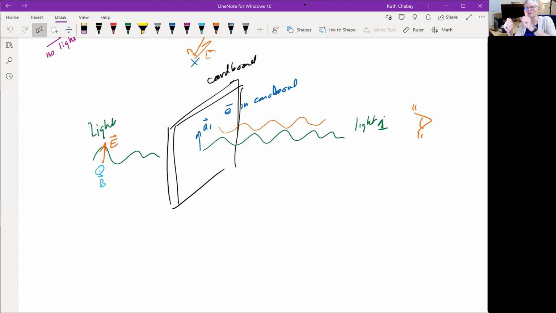The re-radiated radiation has a peak where the incident radiation had a trough, and so they add up to zero. That's how you get things that are opaque.